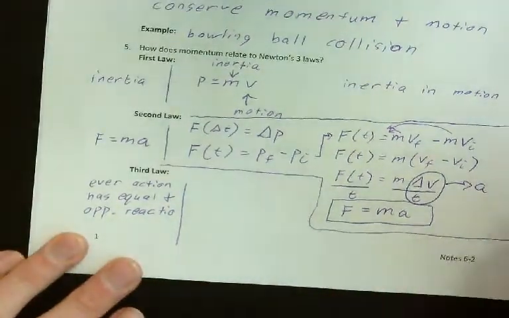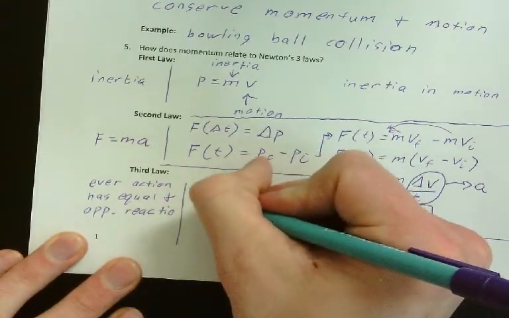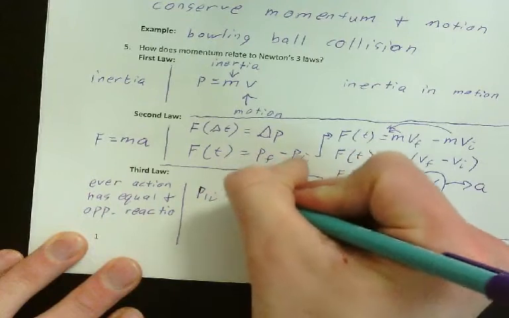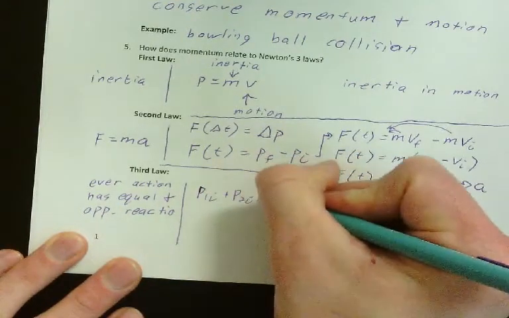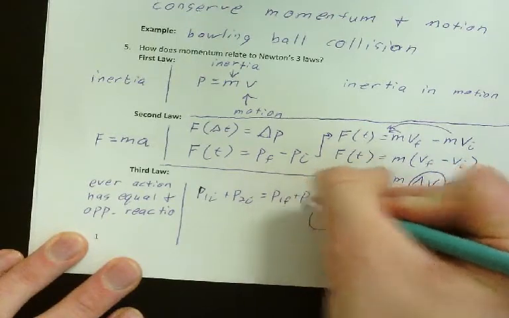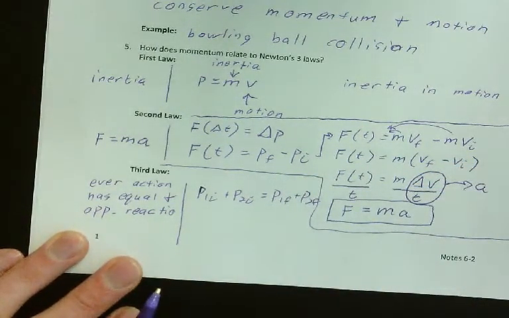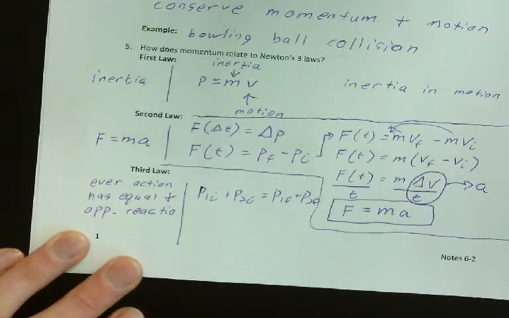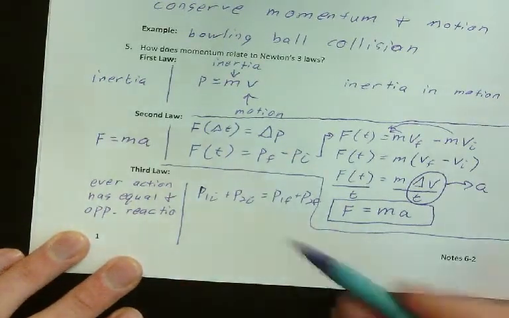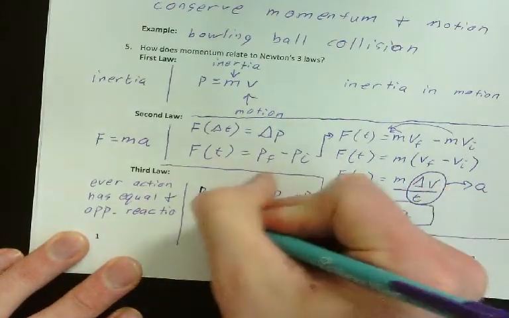So, here's the equation. P1 initial plus P2 initial equals P1 final plus P2 final. Let's get the finals, let's get the ones on the same side. Don't worry, this one won't take as long. So subtract P1 final to both sides.